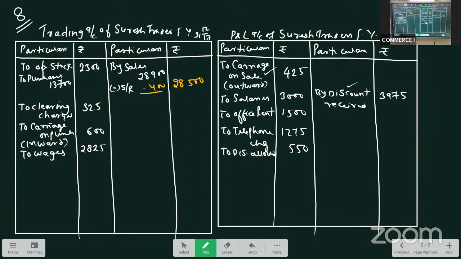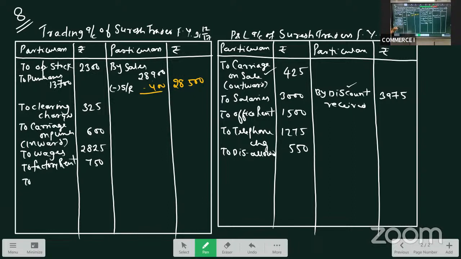Then factory rent is given. I told you, if you remember, any expense related to factory will go to trading account, whether it is factory rent, factory insurance, factory lighting, any item. Next is custom duty.